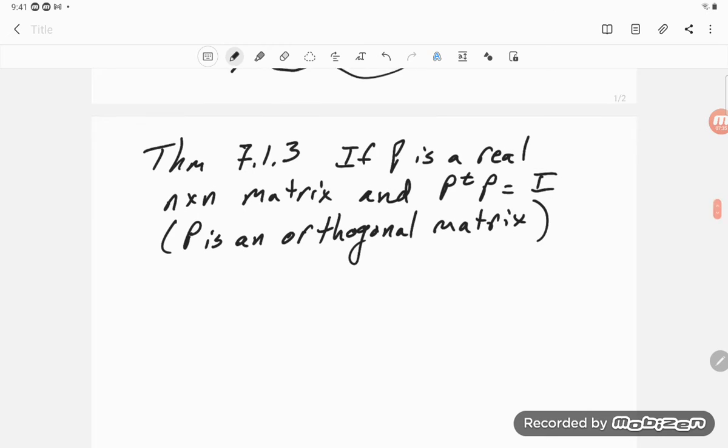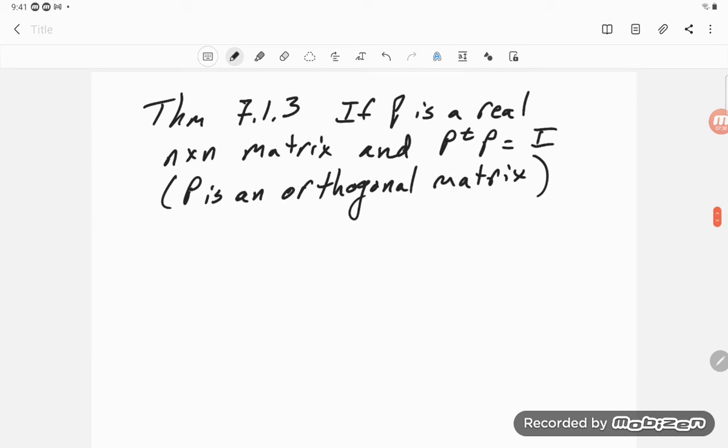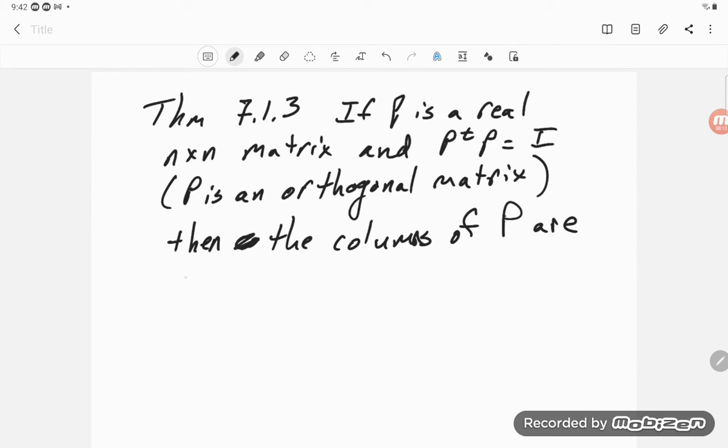That's our definition of orthogonal: the matrix times its transpose gives you the identity, or in other words, the transpose is its inverse. So if it's an orthogonal matrix, then the columns of P are, now here's a big word, orthonormal.